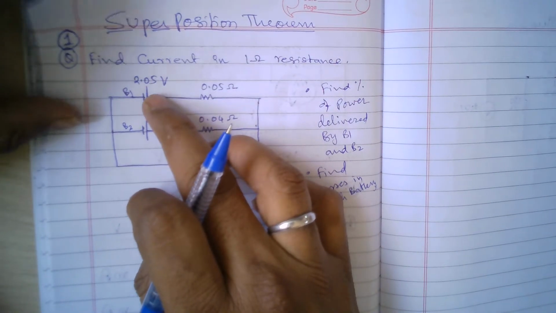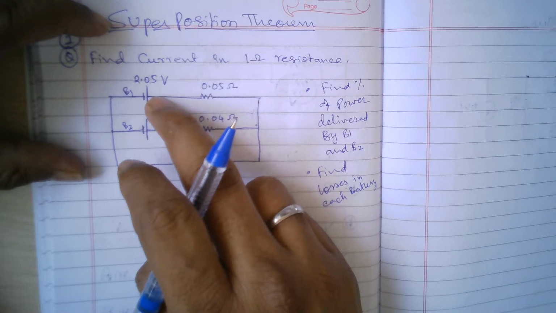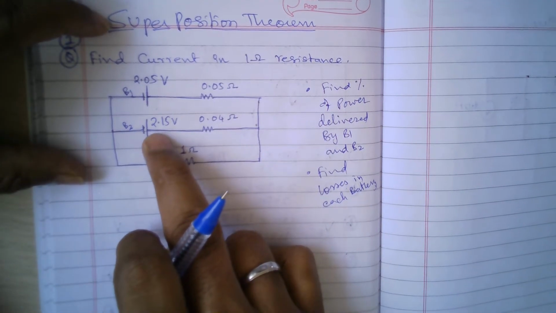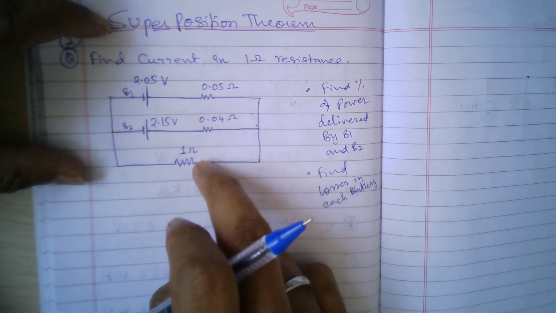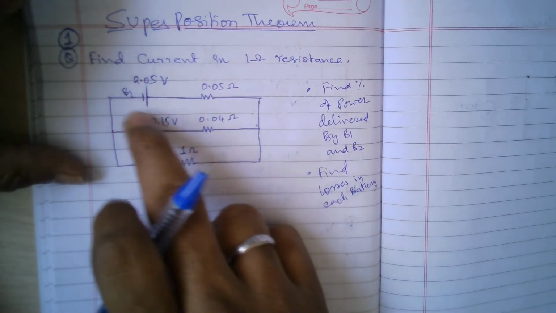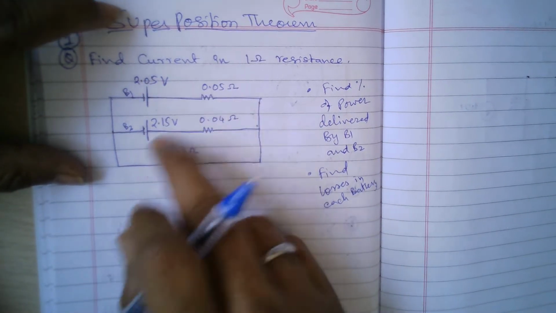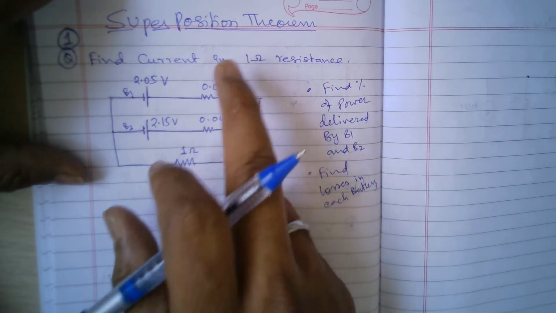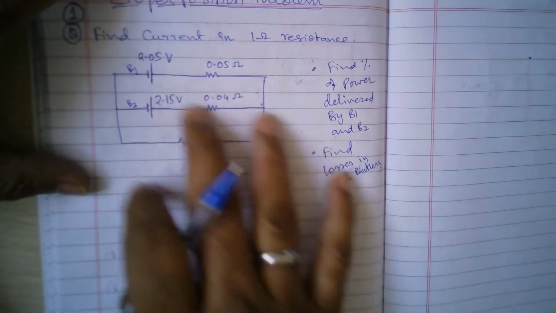First you take one source. There are 2 sources in this. You take one source and short circuit the other voltage source, and then you solve for the current. Then you take the other source, again short circuit the first one, and find the current, and the addition of these 2 currents will be the total current of the system. So that is what we will do.